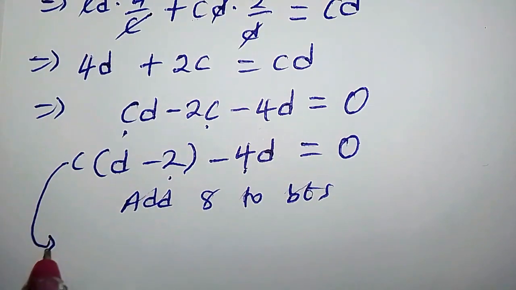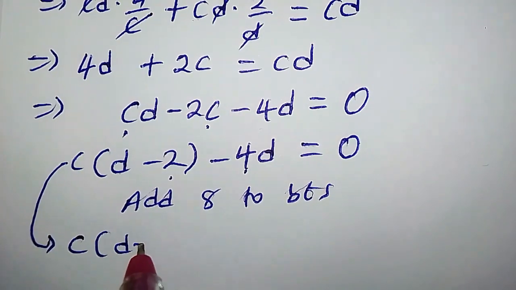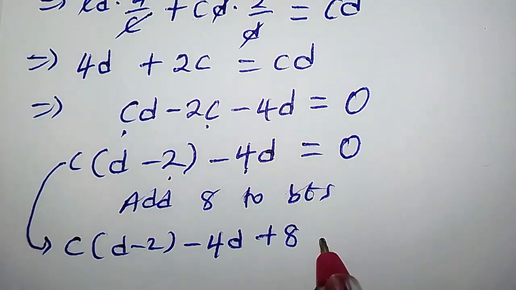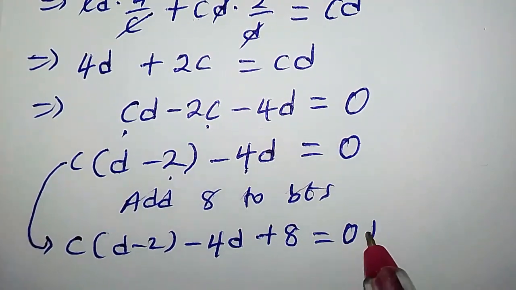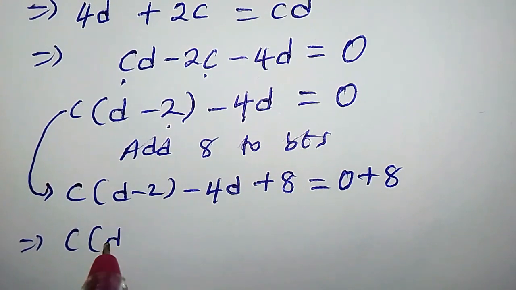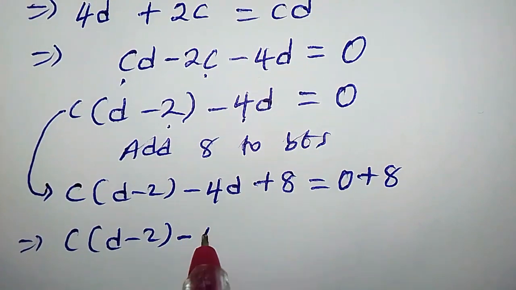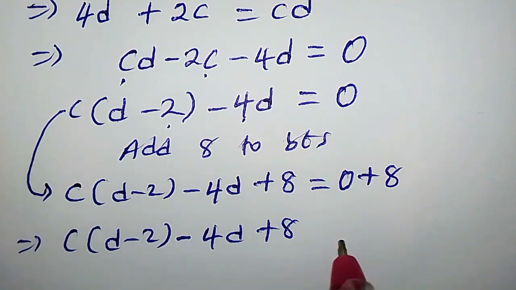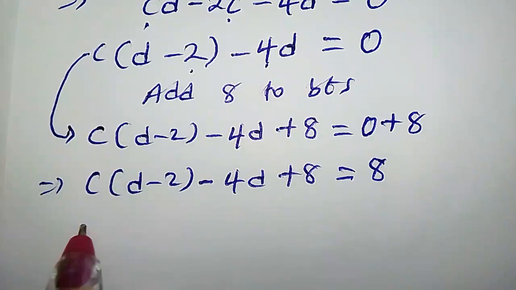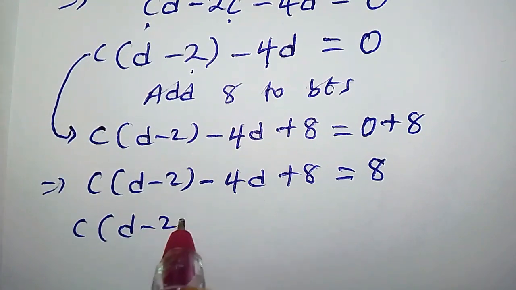So from here we have C times D minus 2 minus 4D plus 8 equal to 0 plus 8, that is 8. Let's proceed further. C times D minus 2.